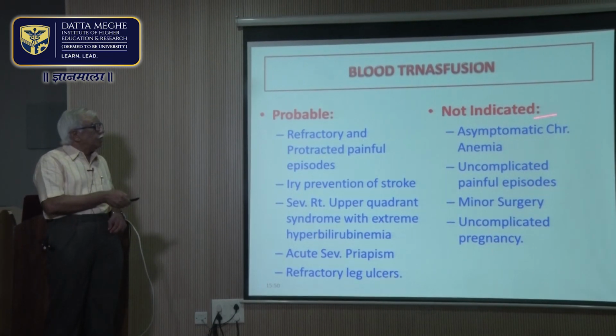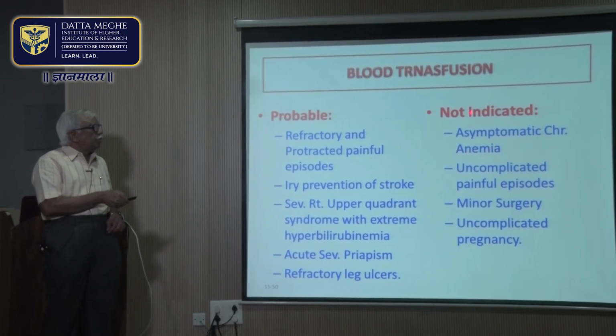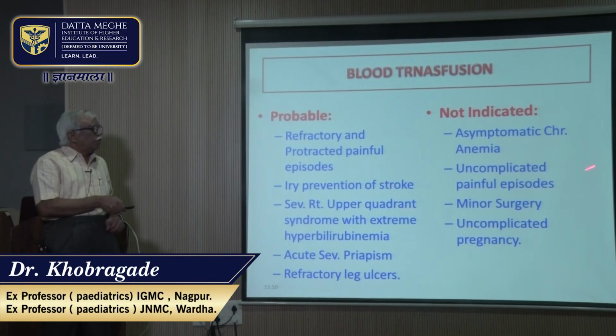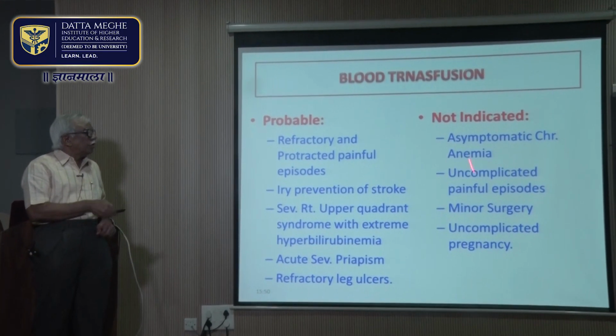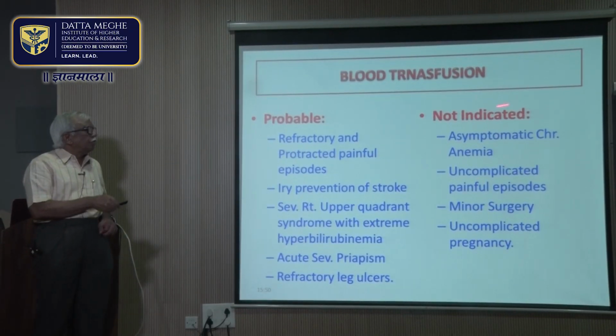These are probable and not indicated, I will read. What is important is that asymptomatic chronic anemia patients do not need a transfusion. Uncomplicated painful episodes do not need a transfusion. Minor surgery does not need a transfusion. Uncomplicated pregnancy does not need a transfusion. These are the things which should always be borne in mind because transfusion itself has many complications.